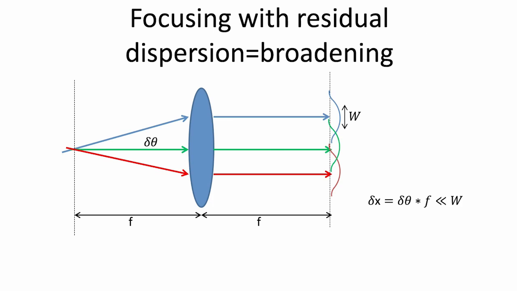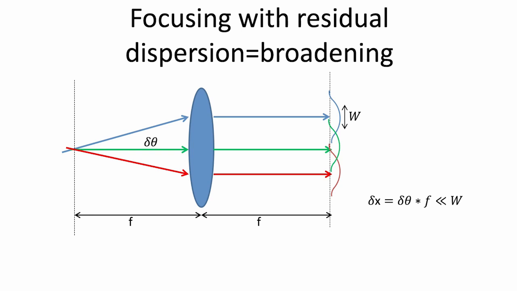The next slide. This is the reverse situation. Let's assume you don't have properly aligned your prisms or gratings. So you have a residual angular dispersion. You didn't exactly cancel the dispersion from the first grating with the second one. You have a residual dispersion. What happens after you focus, again, the phases are the same on all these paths, but your beams, different colors, will be centered at different locations.